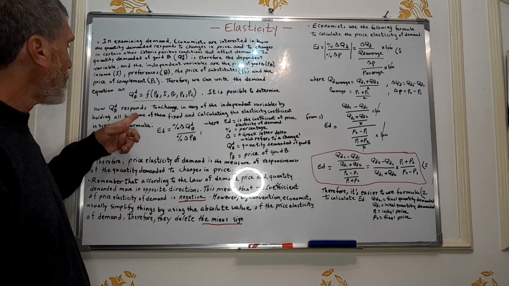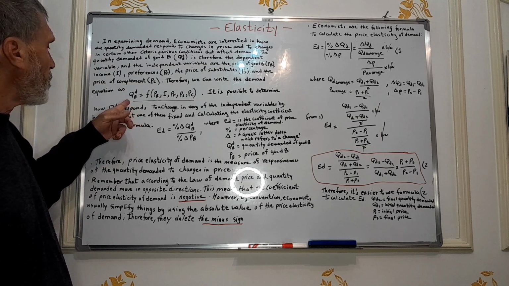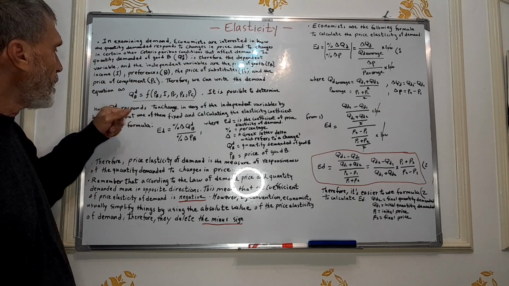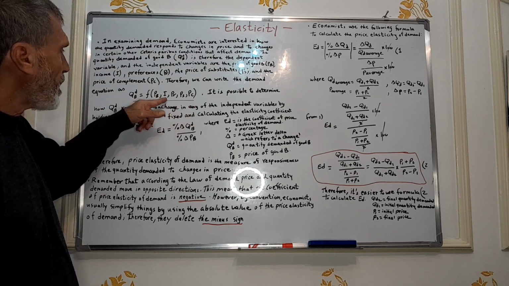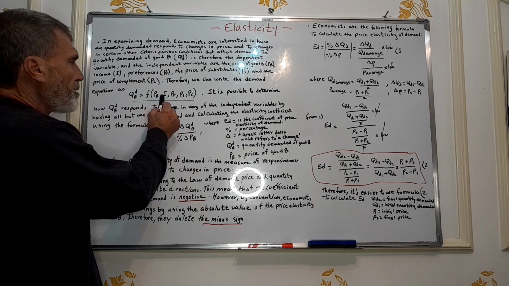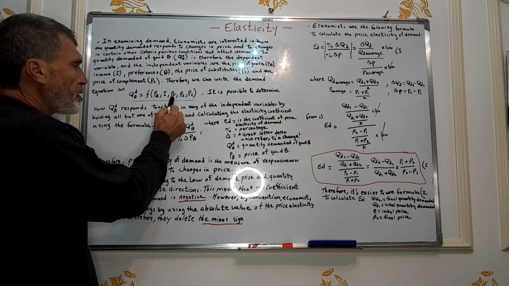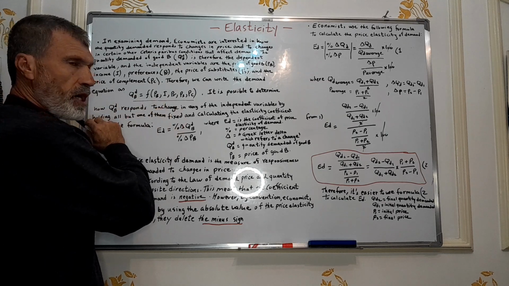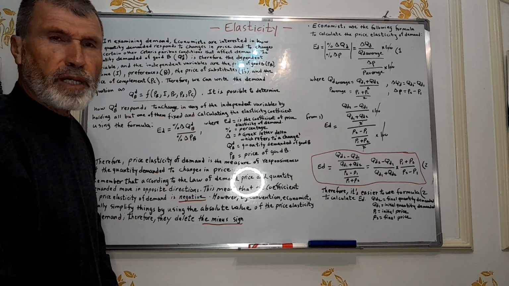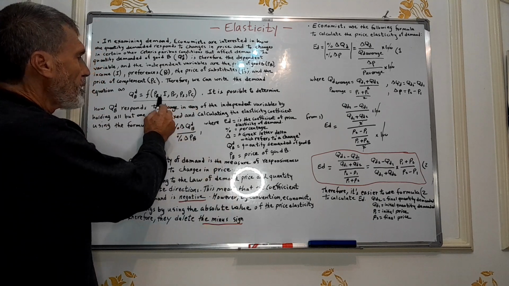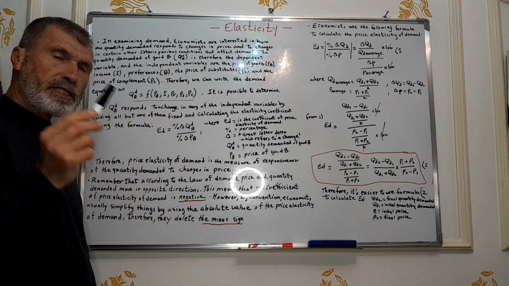Now, as I said, if you want to see how the quantity demanded of good B responds to a change in any of the independent variables. These are independent variables: price of good B, income, preferences PR, price of substitute PS, and price of complement PC. The quantity demanded of good B is the dependent variable.